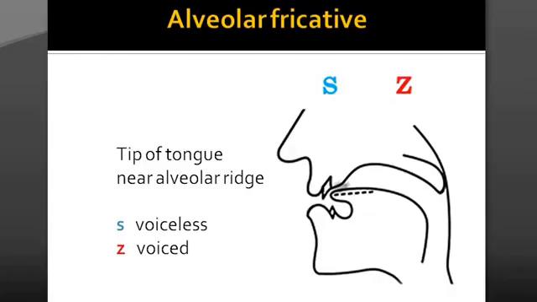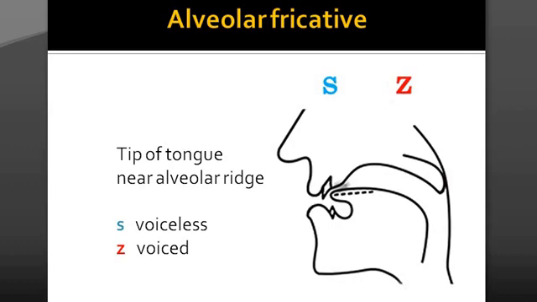Is it voiceless or voiced? Put your hand on your larynx and say S. Okay? So that is a voiceless sound. There is no vibration. So good news. We have another consonant pair.